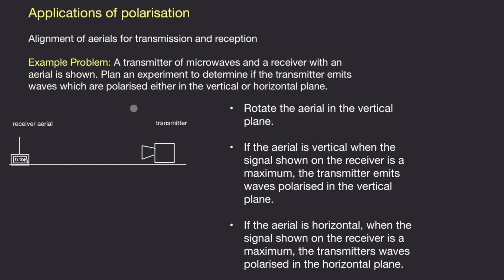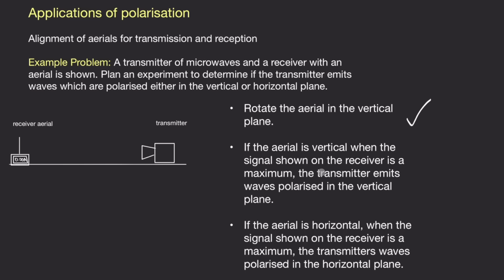So the first thing to note in this question is that we need some form of rotation. Typically, what we tend to be able to rotate is the aerial. We can start rotating it in one of the planes, for instance in the vertical plane. If the question specifically mentions the vertical plane, we need to mention the vertical plane.